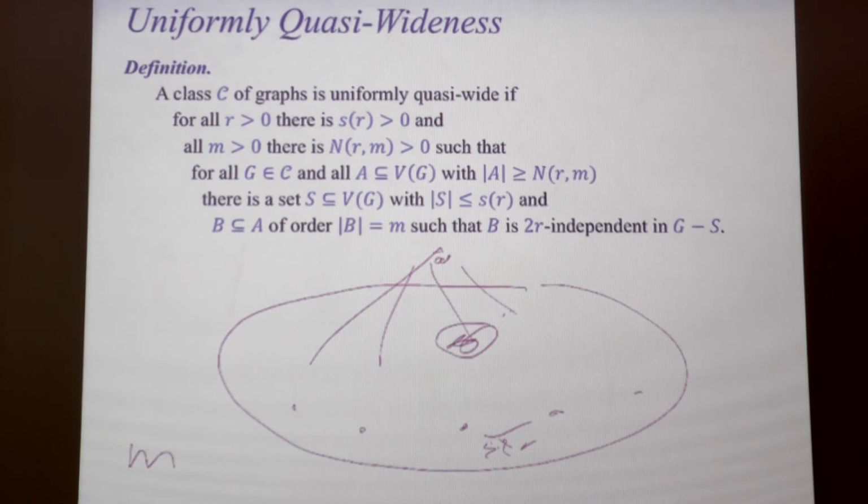And then you tell me how many elements of your independent set you want to find. This is this m. And I can tell you a number. And once you know this number from me, you can tell me a subset A, which is big enough, bigger than the number I've given you. And then I find the set of vertices depending on it, which is not very big, and you have an independent set in this subset A.